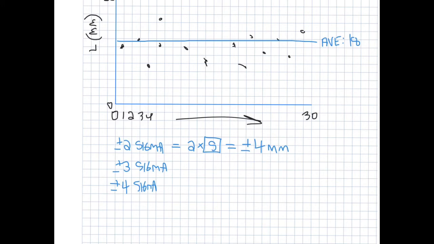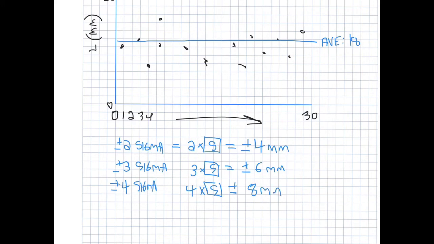Plus or minus 3 sigma would be 3 times s, which was 2, so it would be plus or minus 6 millimeters. And then plus or minus 4 would be 4 times standard deviation, or plus or minus 8 millimeters.